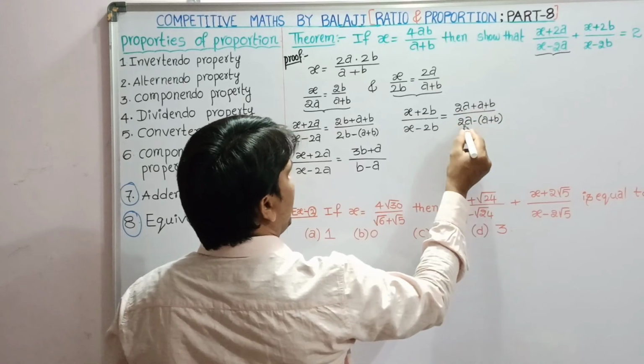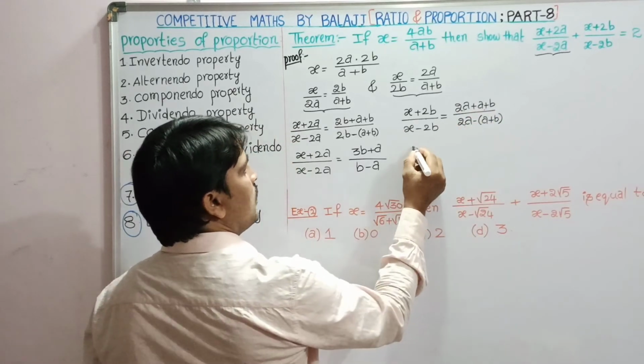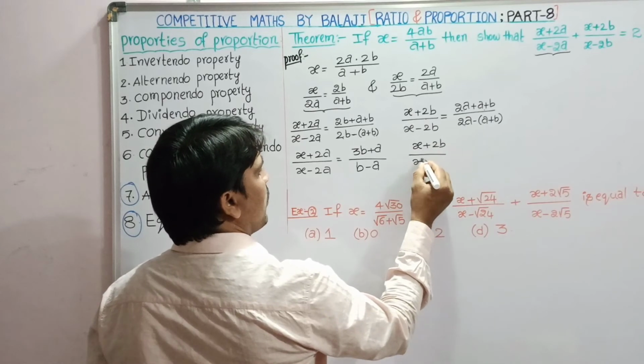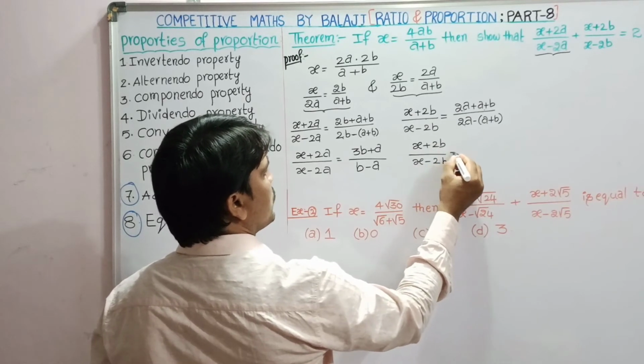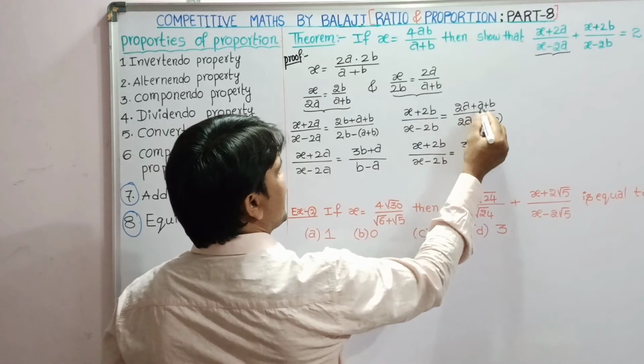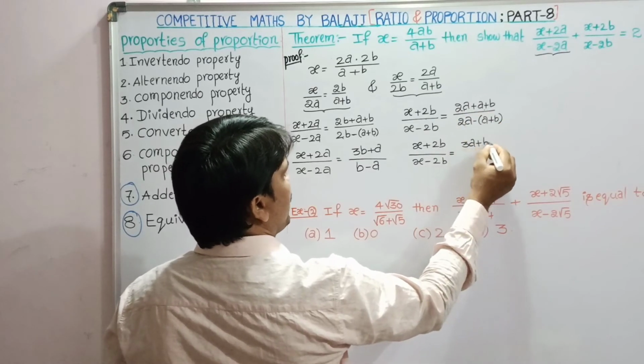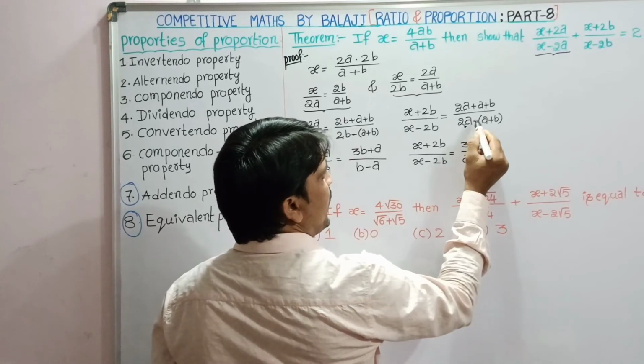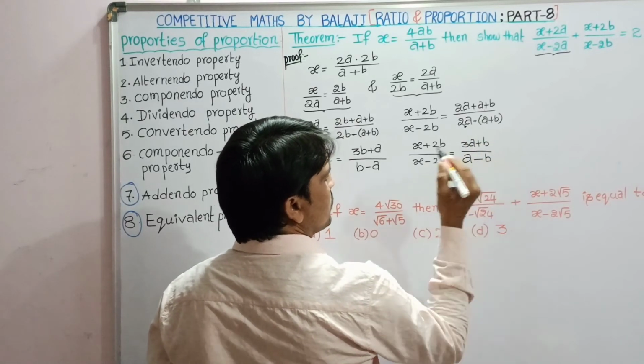That is, x plus 2b by x minus 2b equals 2a plus a, 3a plus b by 2a minus a is a, minus b.